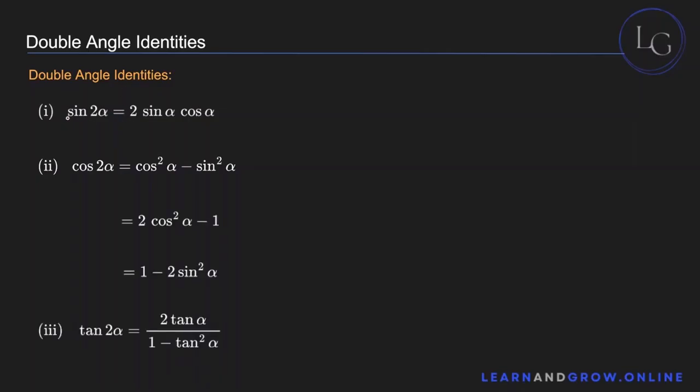And here's an example. Sine 2 alpha. Well, how did it become 2 sine alpha cos alpha? Now, you know that sine alpha plus beta is equal to sine alpha cos beta plus sine beta cos alpha.